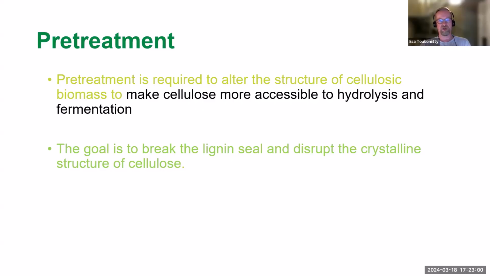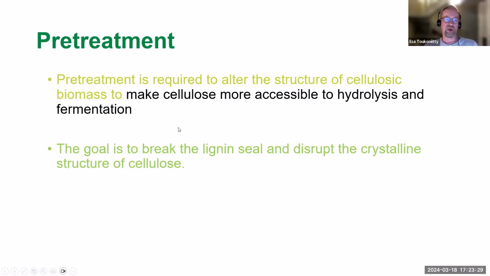And in lignocellulosic processes, the main aim, of course, is to remove some unwanted material, but also make the cellulose, the main ingredient, more accessible, easier to ferment. So the chemical or the physical composition can change in the pre-treatment process.